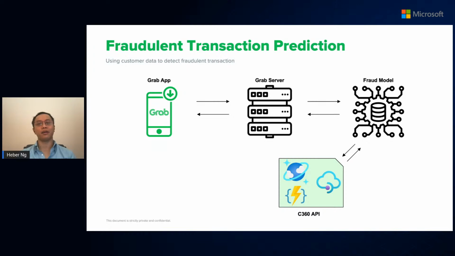Overall, we want to compress the response time between the user making a transaction, retrieving data from the data store, and having the prediction model run to under 500 milliseconds.